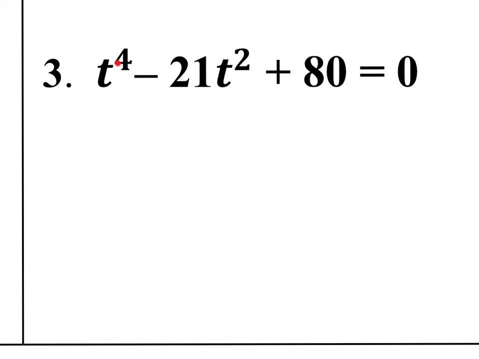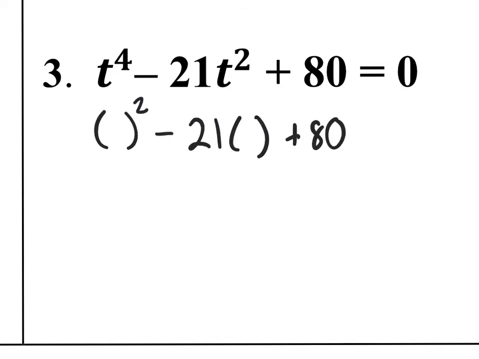We have t to the 4th, and I could change it to look like a quadratic only because the degree is twice as big as the power of the middle term. So I will be able to replace the t to the 4th and make it look like something squared minus 21 of that same value plus 80. That way it looks like a quadratic trinomial that we have equal to 0 that we could factor, split, and solve.